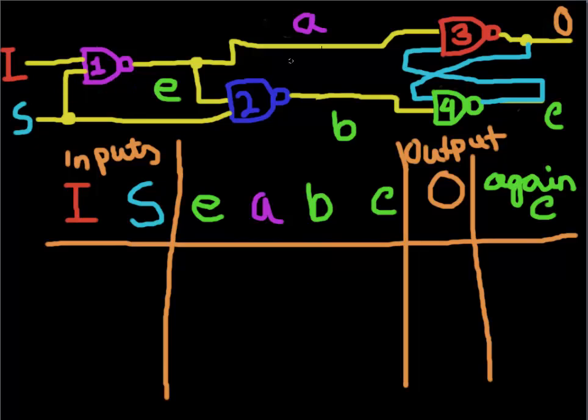This S is the setter. It tells the memory whether it wants to remember, or whether it will just ignore the input. So let me complete this table one by one, and I'll be going through each of them.